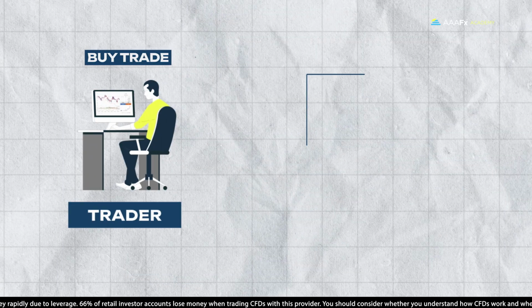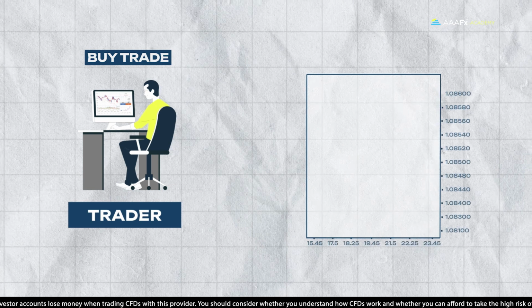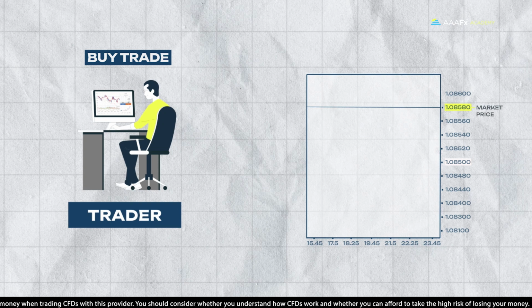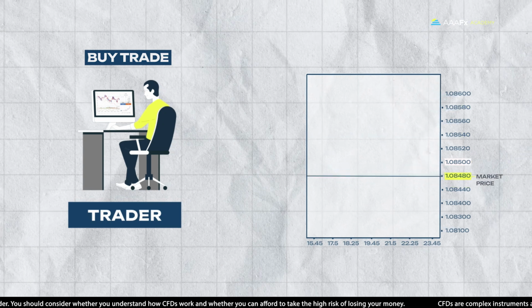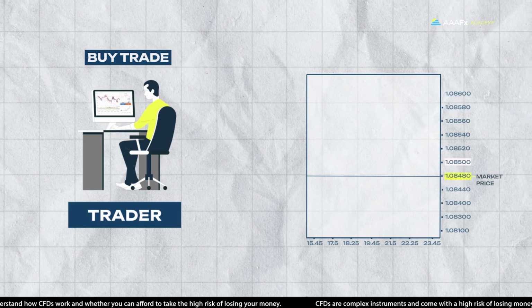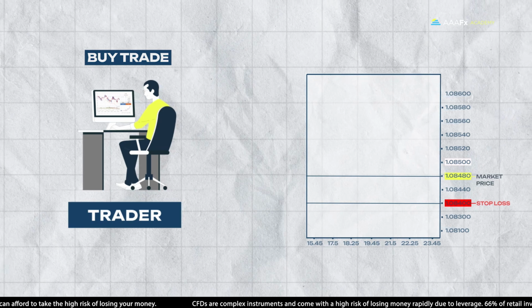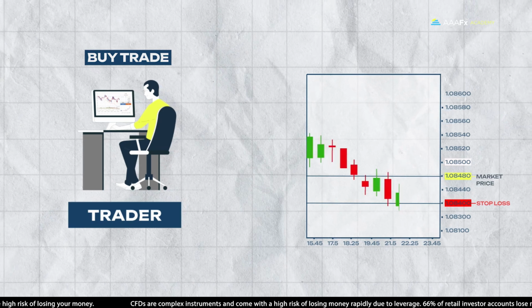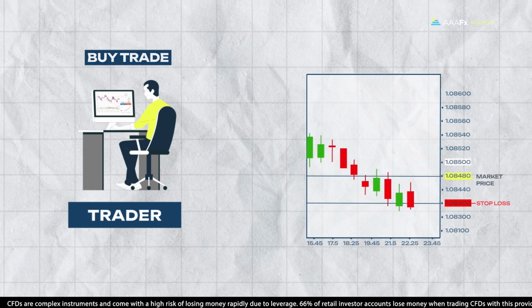Let's illustrate this with an example. Imagine a trader opens a buy trade of EUR/USD at $1.08500 with the market bid price hovering at $1.08480. To protect against potential losses if the price goes against them, the trader places a stop loss order at $1.08400. If the market price reaches the assigned stop loss price or lower, the stop loss is triggered.